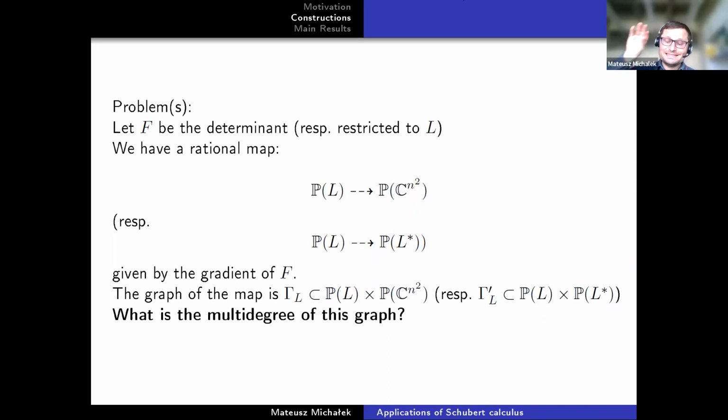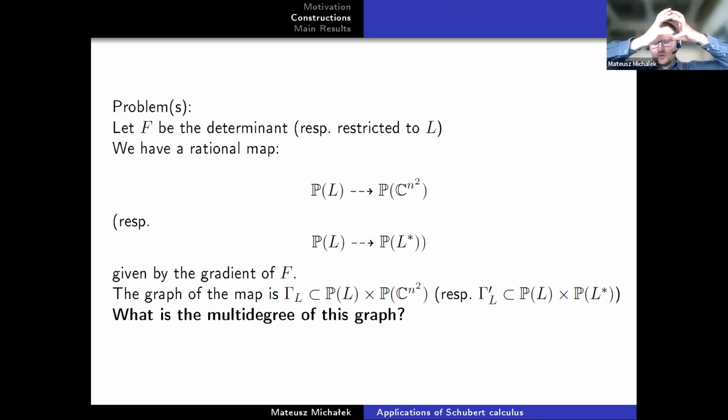Now, if your variety is in a product of two projective spaces, you cannot ask for the degree because you do not have a distinguished hyperplane. In fact, you have two hyperplanes. You can take a hyperplane in PL times the whole PCN square, or you could take the whole PL times a hyperplane in PCN square. And these are two distinct objects. You should not identify them. One of them, let me call H1. The second one, let me call H2.